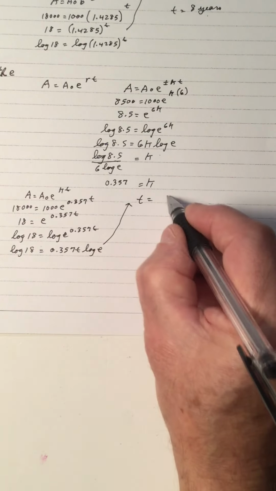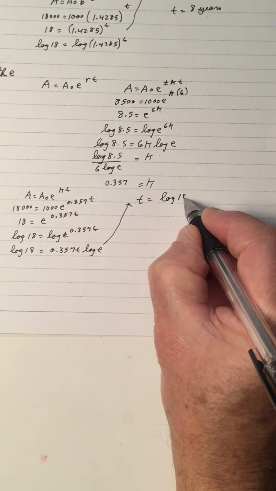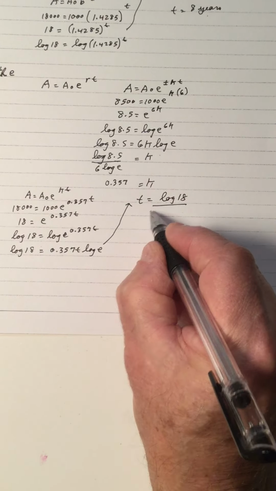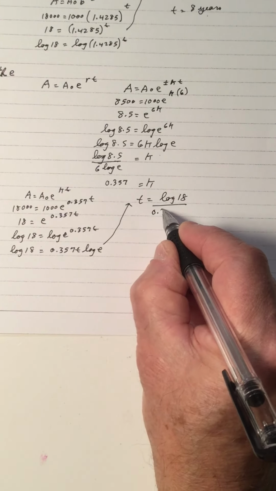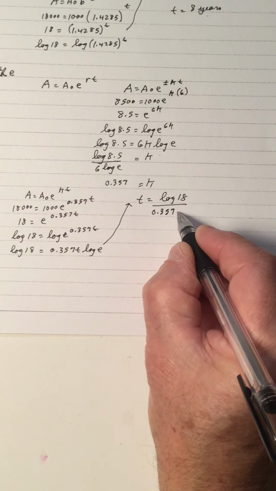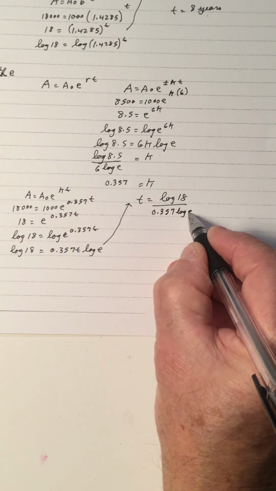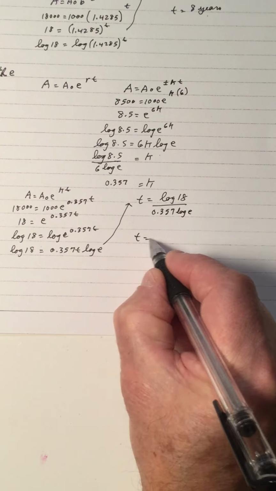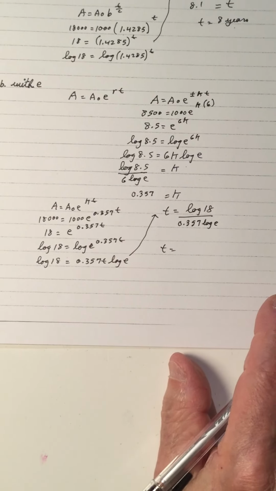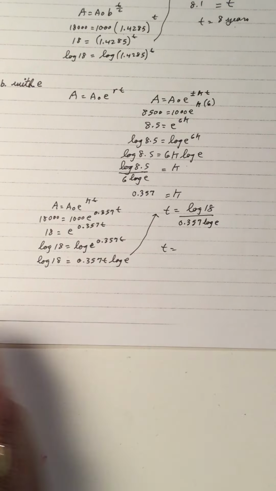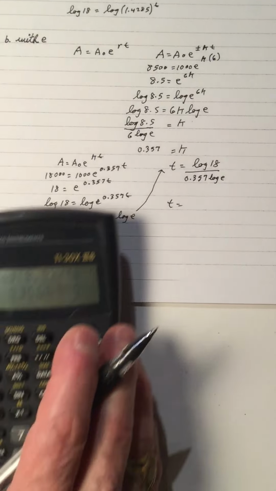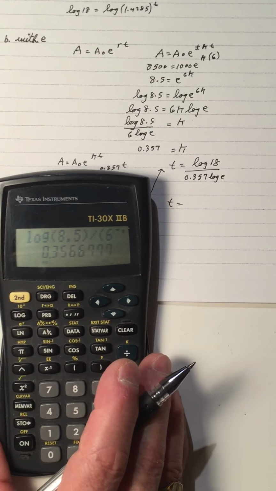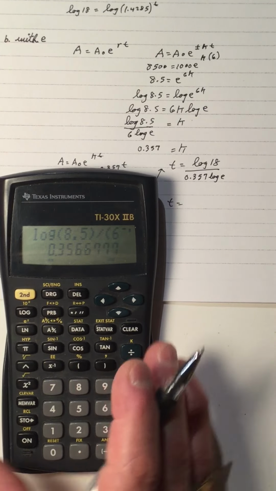So that means we have T, which is right here. T is equal to the log of 18 divided by 0.357 log E. And we take our calculator and work it out. Let's move this up and get my calculator in there so I can see what I'm punching in.